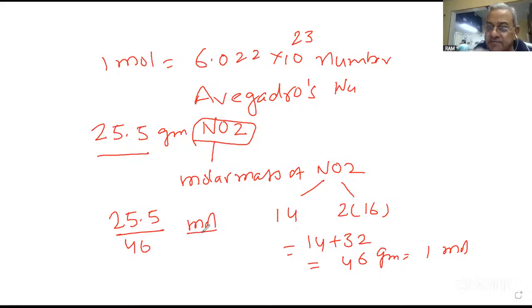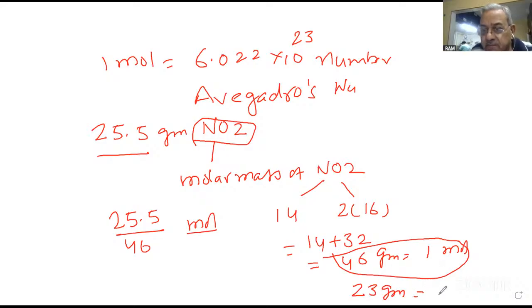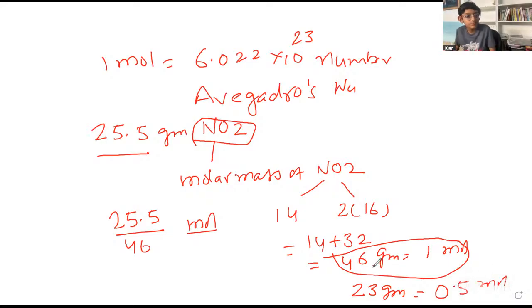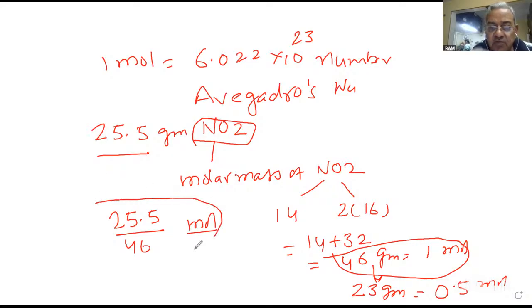Suppose we have 1 mole equivalent to 46 gram. Suppose I have 23 gram. How much will it have? It will be 0.5 mole, half of this, right? So 25.5 will be having this much mole.